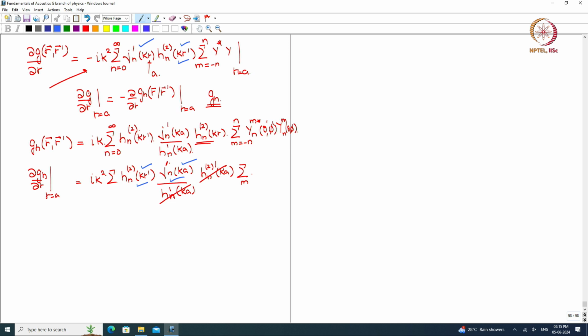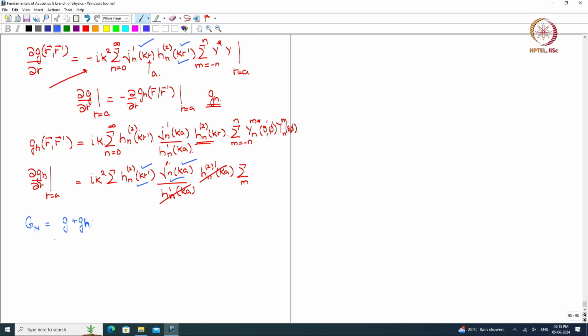Okay. So now what is the net Neumann green function? Neumann green function is g plus g h. My n and h are looking similar, that is the problem.